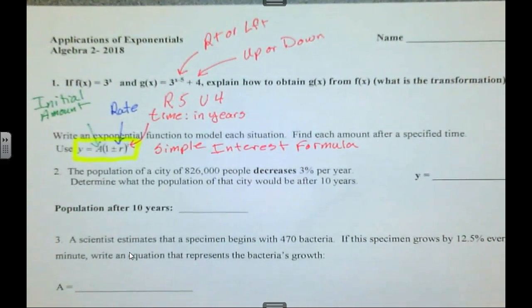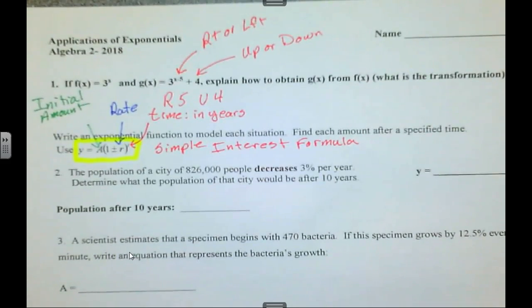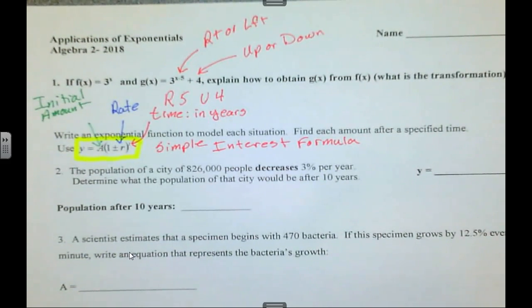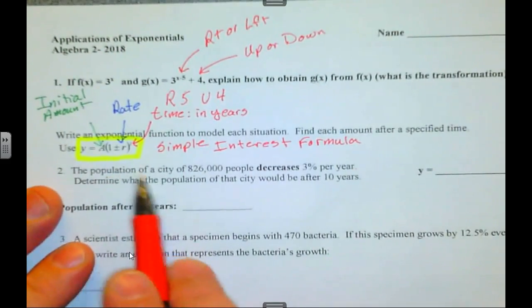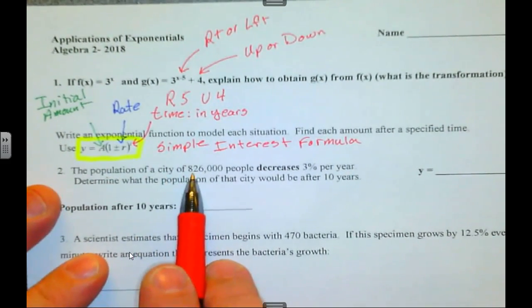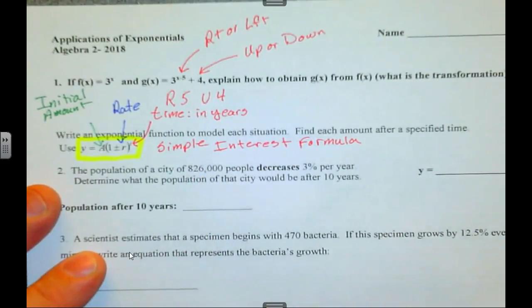Now remember there's a plus or minus there, so depending on increase or decrease, we're going to use plus or minus. So, in the example problem, number 2, coffee break. The population of a city is 826,000 people. What is that?